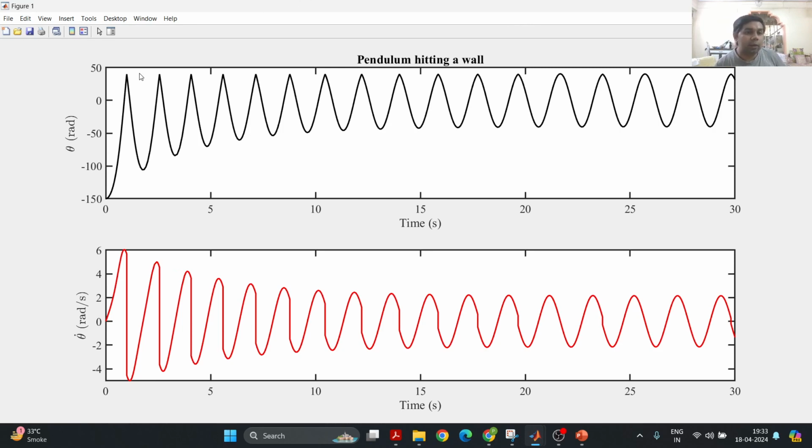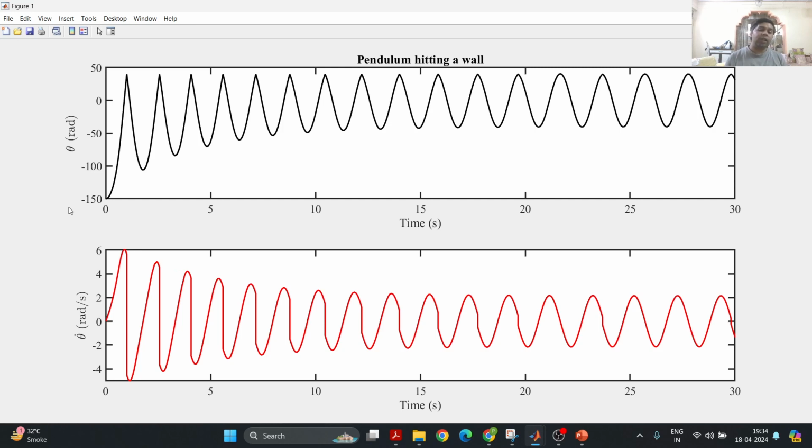The wall is at 40 degrees, so it will go and hit at 40 degrees, and since we have assumed the coefficient of restitution as 0.8, here we can see that in the angular velocity, there is an instantaneous reversal in the sign, but a slight change in the magnitude of the angular velocity.